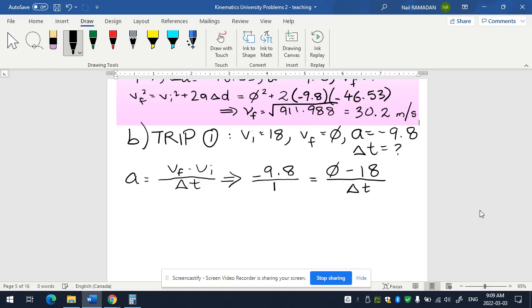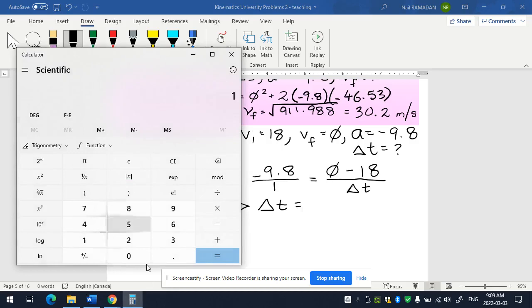Nice. Minus will cancel the minus when you crisscross, which is correct because delta t always has to come out positive. Time always moves forward. So delta t equals, if you crisscross and then divide, you really just need to divide 18 by what? 9.8. So slightly less than 2 seconds. 1.84, yeah, 1.84.